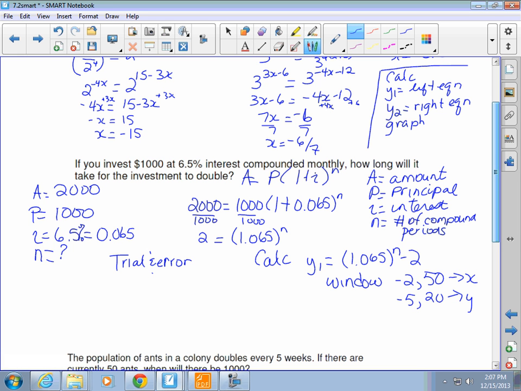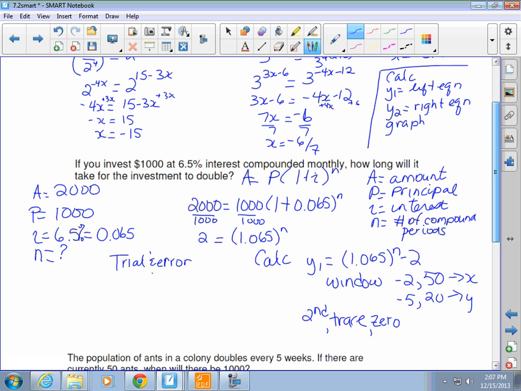So then what you're going to do on this one, because it's not going to be an intersection, we want to do second and then the trace, so that's that calc button. And then we do the 0. So we're trying to find the zeros of this equation.